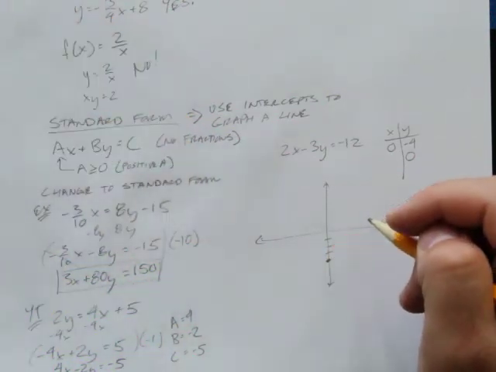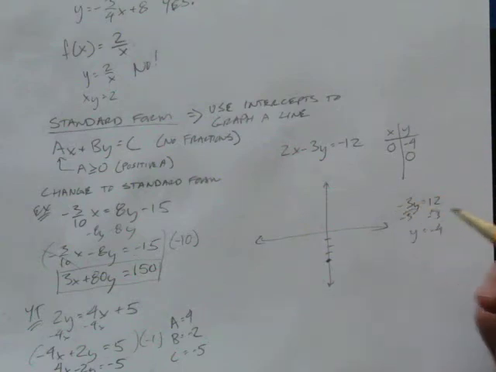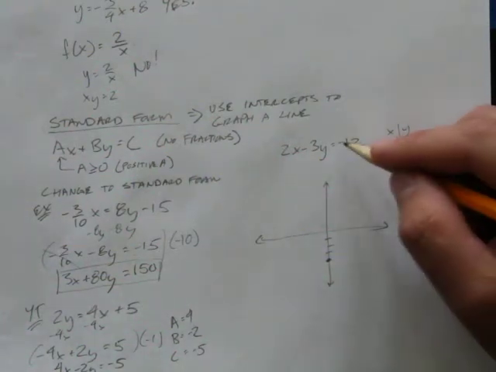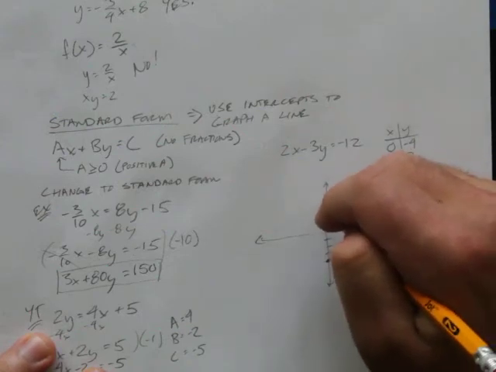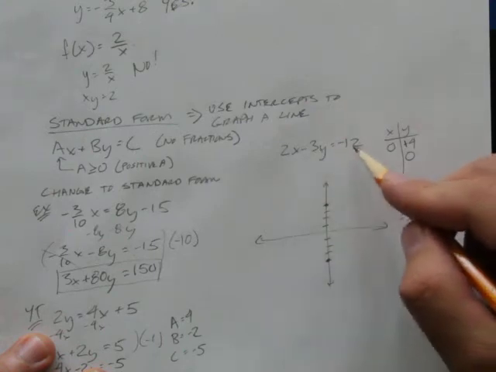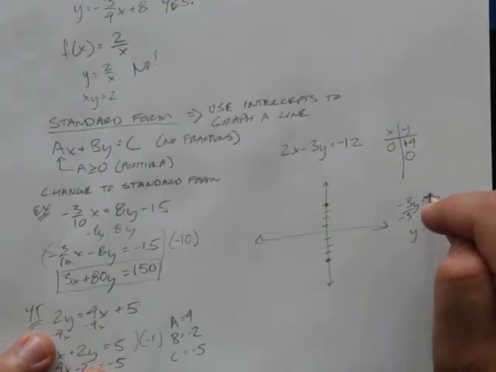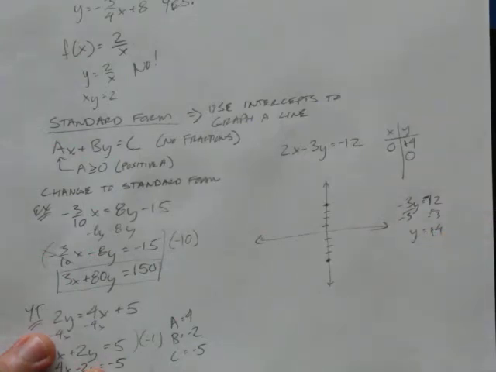There it is. Oh wait, negative 12. Positive 4. 1, 2, 3, 4. There we go, because I've got negative 3 and negative 12. So this is negative 12, positive 4. Okay, great. That was a close one.